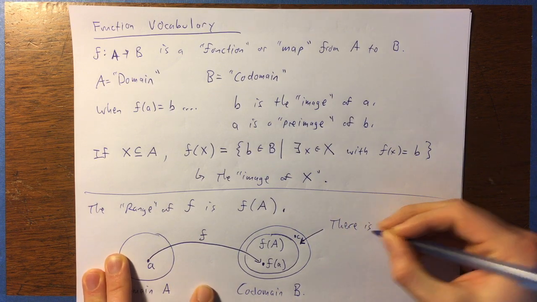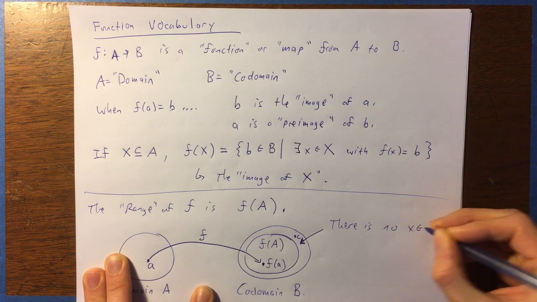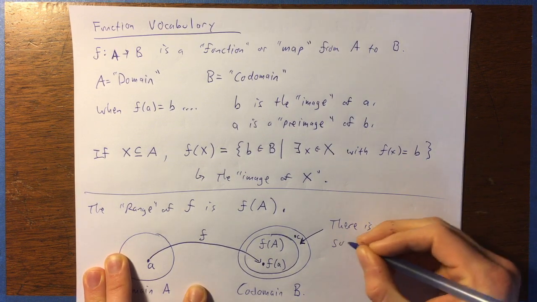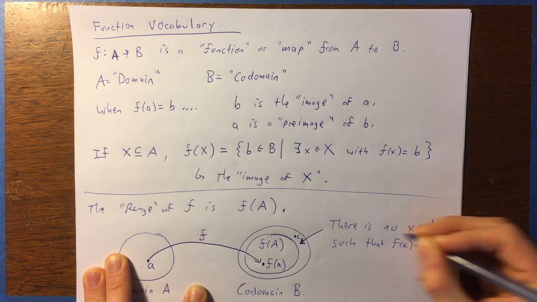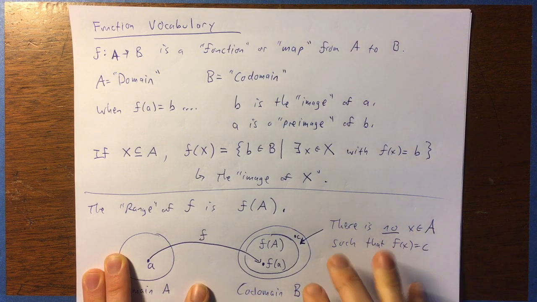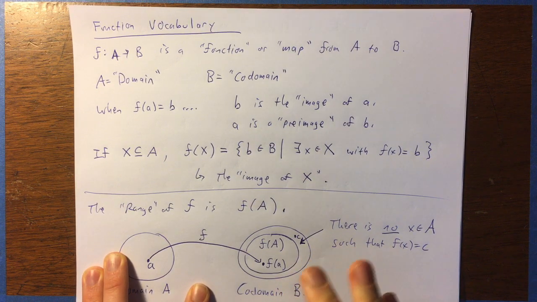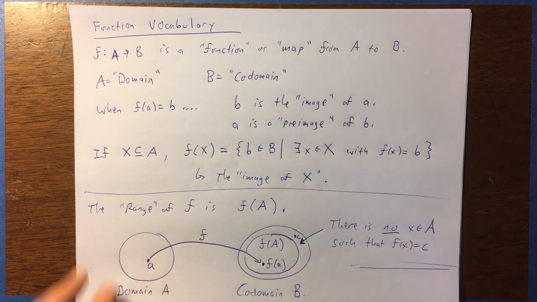So there is no x in A such that f of x equals c. That's possible, you can have things in the codomain that aren't in the range. So in the next video, I'll show you an example of a situation where that happens.